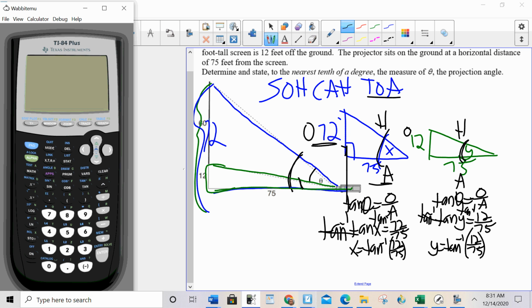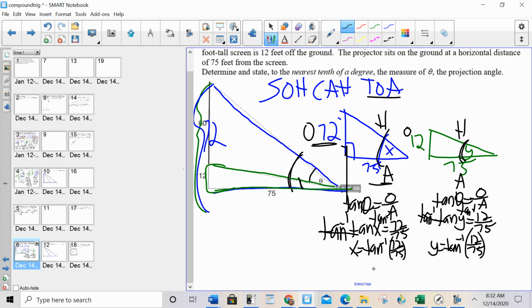I go to my calculator. I'm going to type in inverse tan, second tan, of 72 over 75. And then I'm going to also type in inverse tan of 12 over 75. So that's 43 and 9.